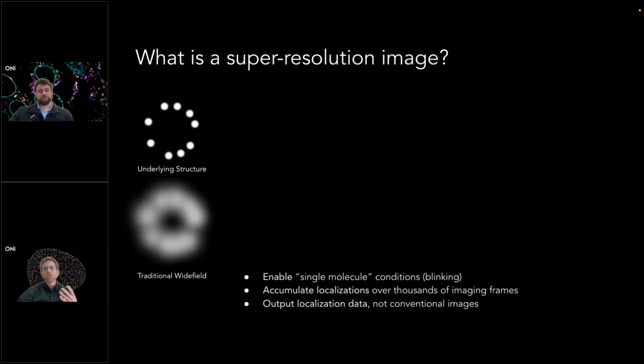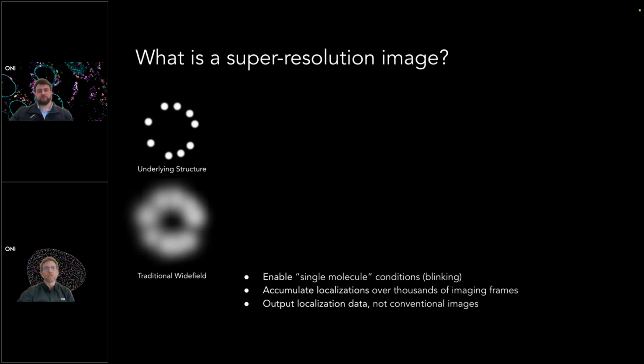So how do we generate a super resolution image from this process? If we're trying to image an underlying structure, here we've got, for example, a ring structure. If we look at a wide field image, everything is quite blurry and it's quite difficult to understand what's going on. There are different kinds of single molecule techniques, and we have different acronyms for the different ways that we enable single molecule imaging.